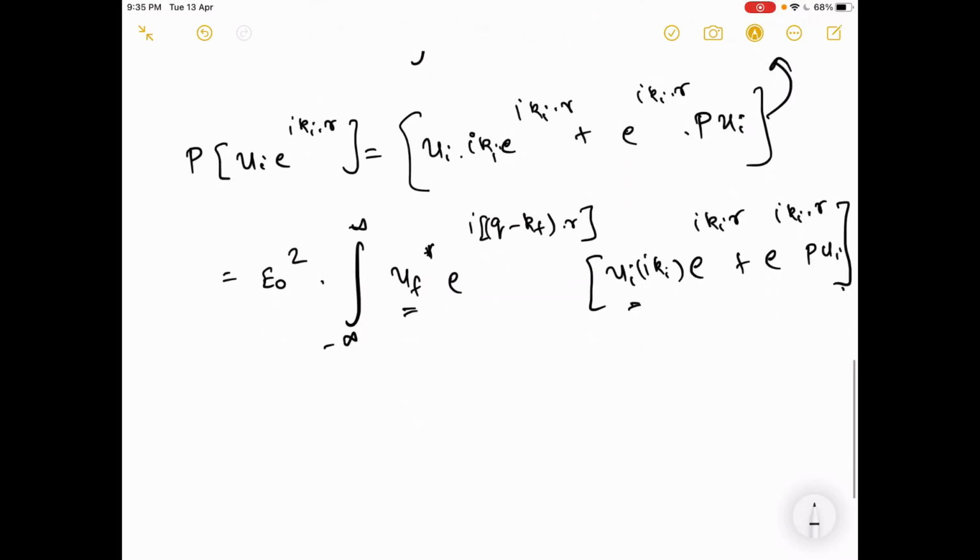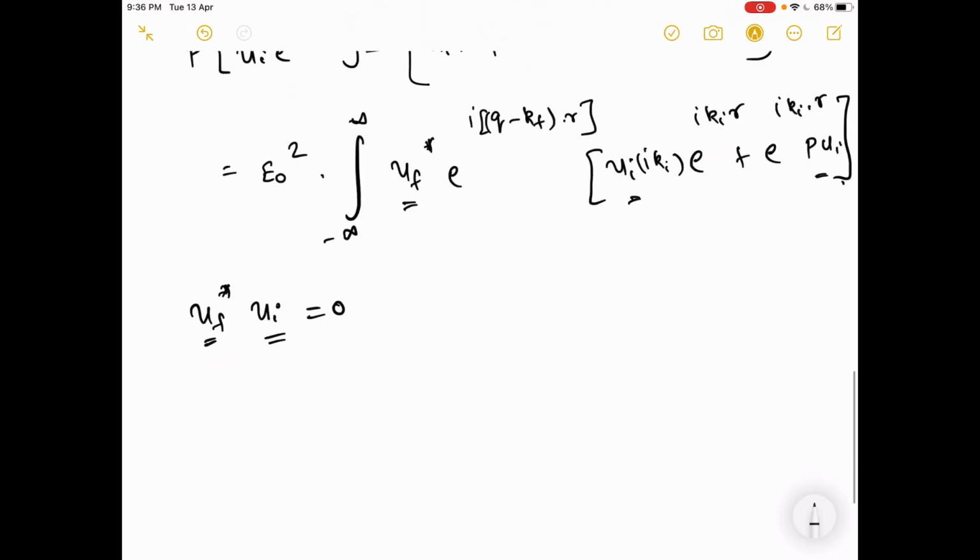So what it means is these are all solutions for the same Hamiltonian. So uf star ui will be 0 because this is the initial state and this is the final state of the same Hamiltonian. They are going to be orthonormal. So this will turn out to be 0. This one will not turn out to be 0 because it is P acting on ui. Right?